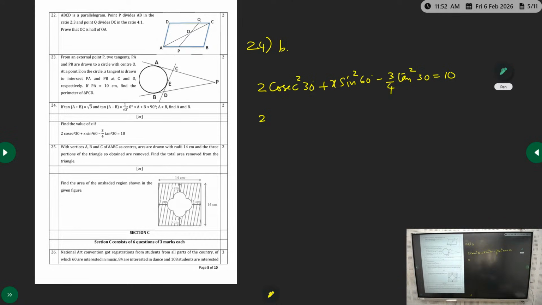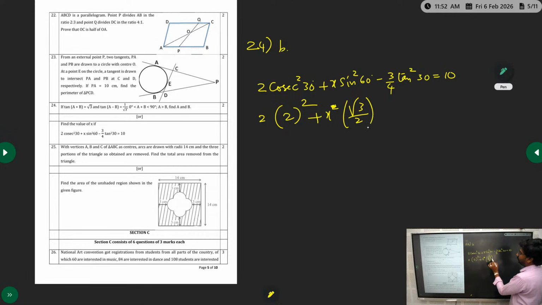You remember sine, that is enough. What is sine 30? Then cosec will be 2, the reciprocal. Plus x square, sine 60 is root 3 by 2 whole square. 3 by 4, tan 30 is 1 by root 3 whole square. 2 square is 4.